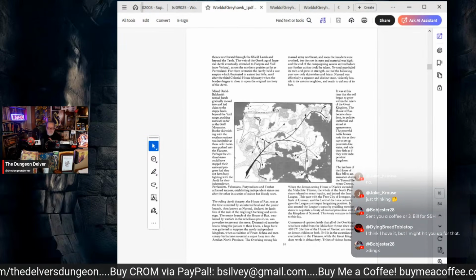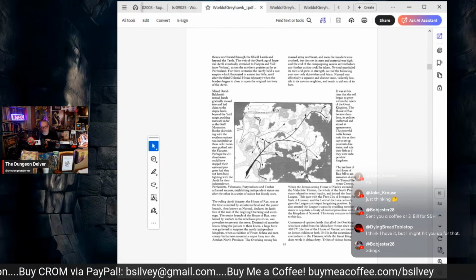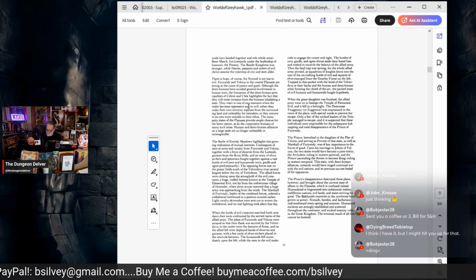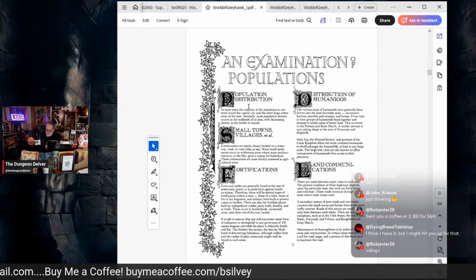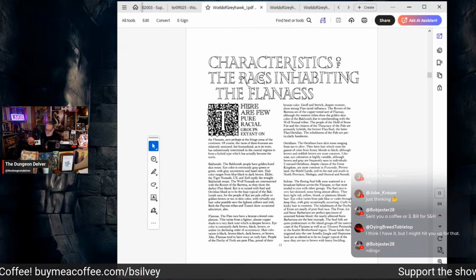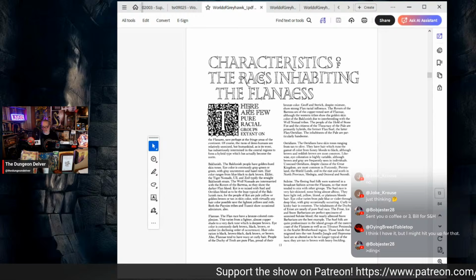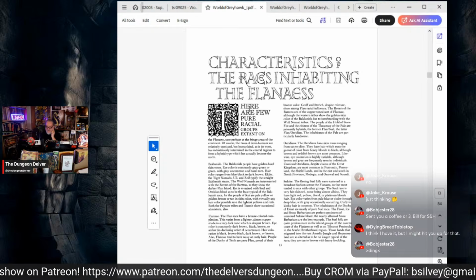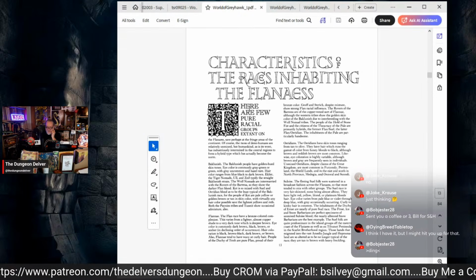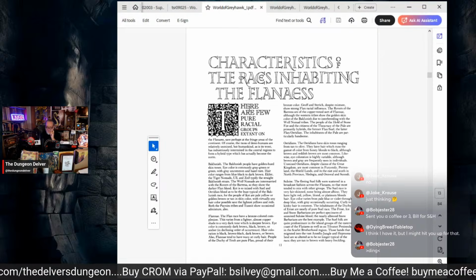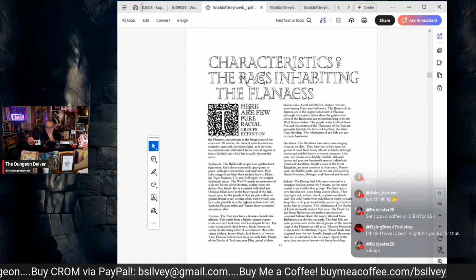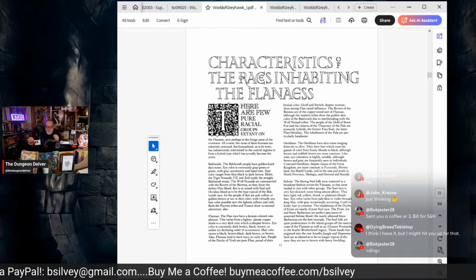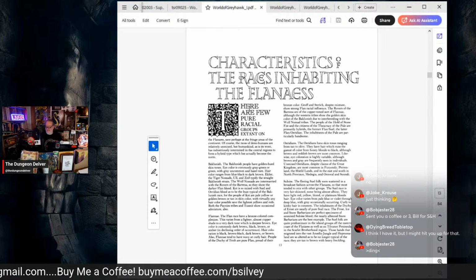Similar map, but smaller. This is why I say the folio one is better. Population distribution. Characteristics of the races inhabiting the Flanaess. And this is where I love to point out your average character in the world of Greyhawk is going to look Hispanic. Your average person is going to look Hispanic in Greyhawk.